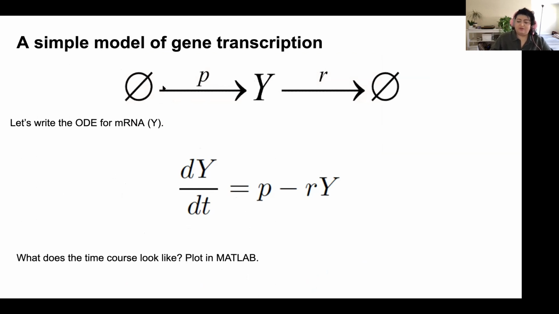If you remember the differential equation from before, we are gaining Y with a reaction rate parameter P, but we're also losing Y, so that's why we have a negative. We're losing Y with a coefficient of R. So that's the second term. You can imagine that if you have a lot of equations, you're just adding them all up, which is why they're ordinary differential equations.